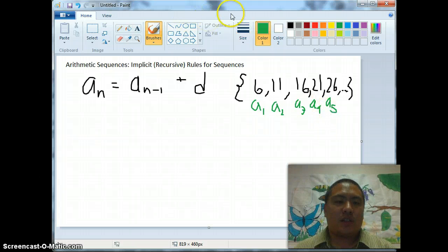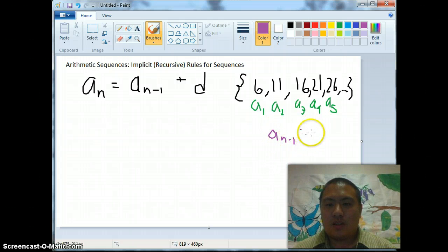Alright, so what I need to basically only figure out now is what the d is, and d is the common difference. So let me make an index for you guys here. Let's do purple. Alright, so a sub n minus 1 is equal to the previous term.